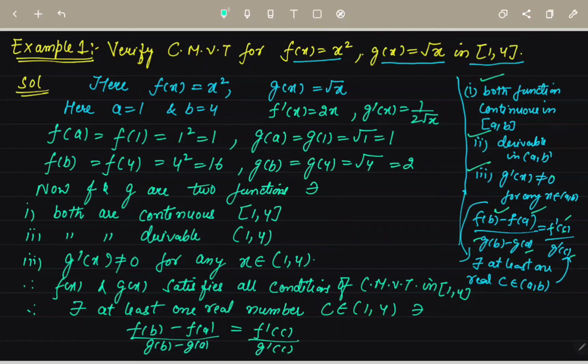So now I will substitute the values of f of b, f of a, g of b, g of a, f dash c, g dash c in this equation, and from there I find the value of c. So name it as equation number one.